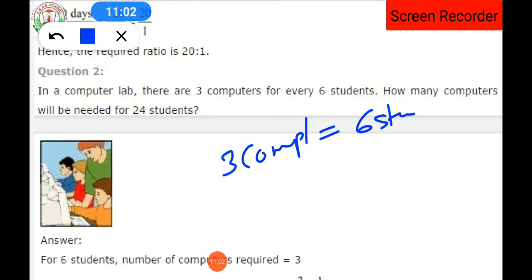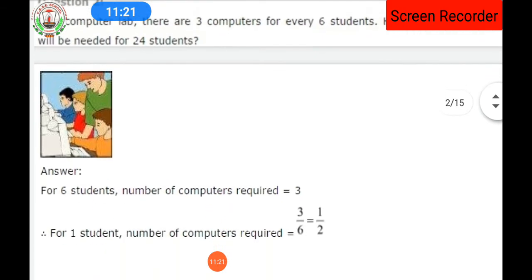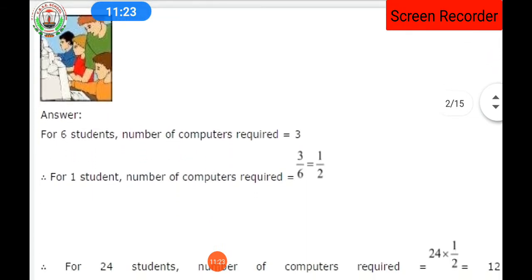Now here the question arises: how many computers will be needed for 24 students? That means, for 24 students, how many computers will be needed? So as we know, one computer is shared by 2 students, isn't it? Then 2 computers will be shared by 4 students, and in the same way 3 computers will be shared by 6 students.